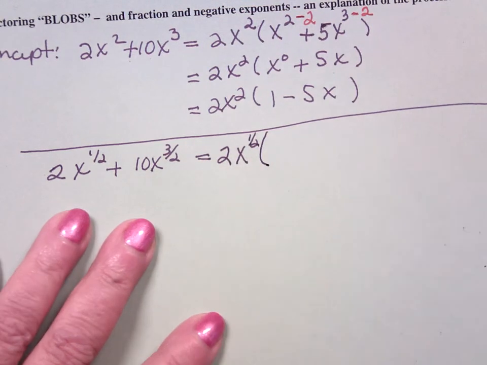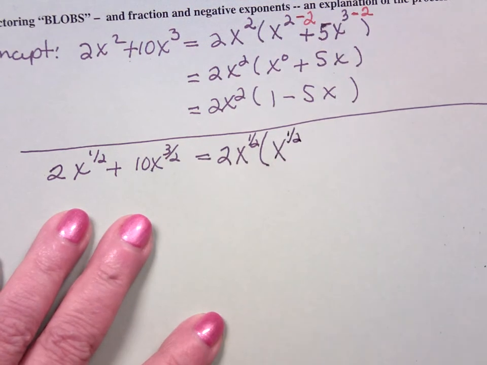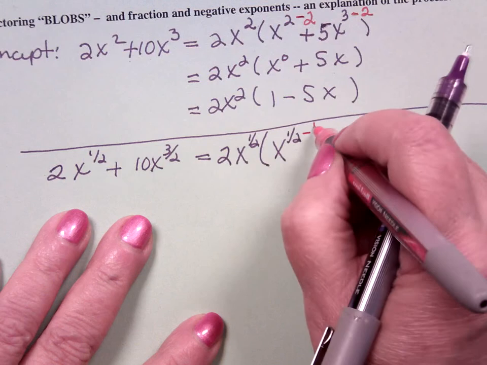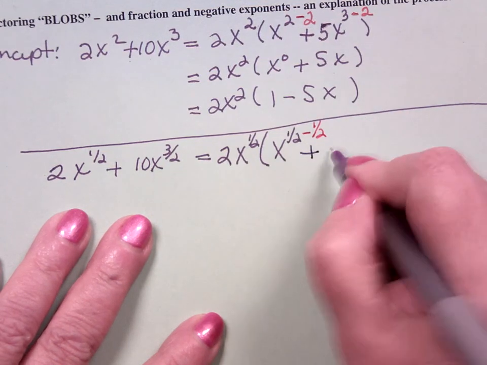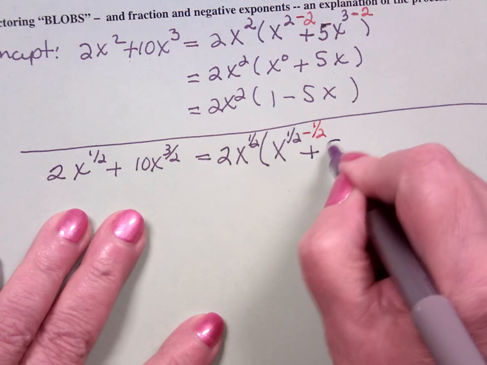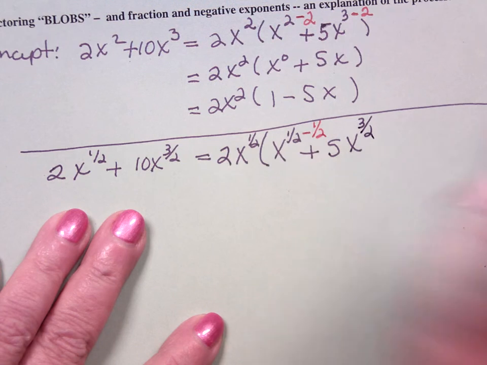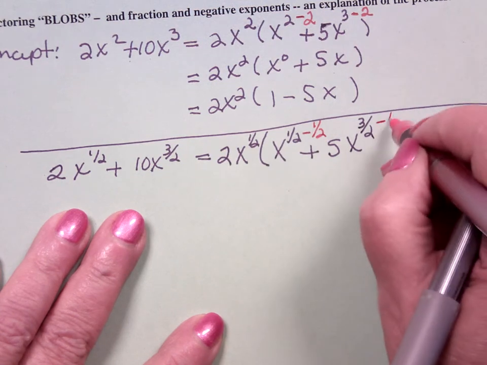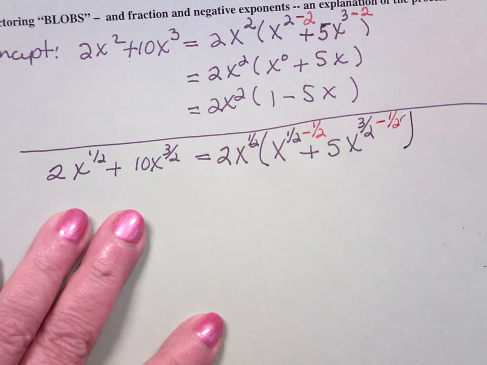I'm taking a 2. From the x to the 1/2, I'm removing 1/2, because that's what I have to the outside, plus I'm taking a 2 from the 10, leaving me with a 5, and from the x to the 3/2, I'm removing 1/2, so the concept remains intact.